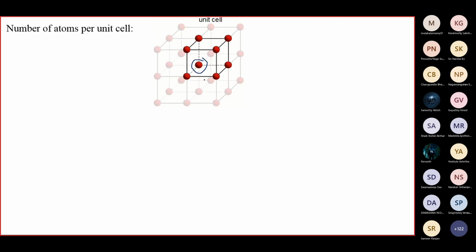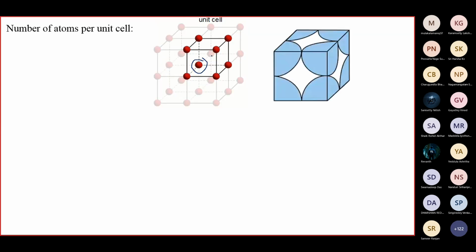Similarly, the atoms at each and every lattice point contribute only 1/8 to this particular unit cell. How many lattice points are there? There are 8 lattice points, therefore 8 atoms. Each atom contributes 1/8. Therefore, the number of atoms in this unit cell is how much? 1.